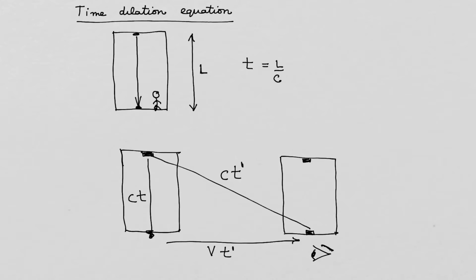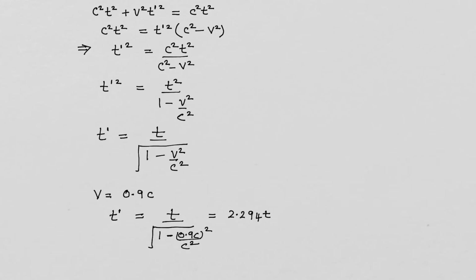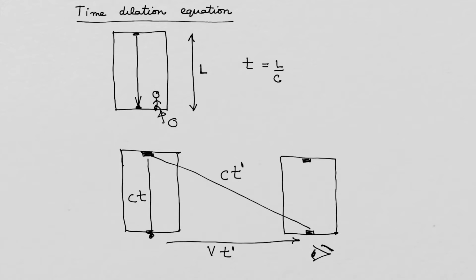So we have a spacecraft here shown, and there is an observer O inside that. And let us assume that this height shown here is L. So one ray of light comes from here and it goes down.